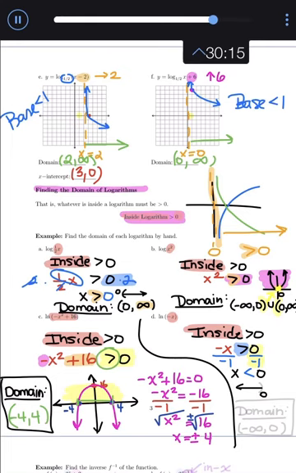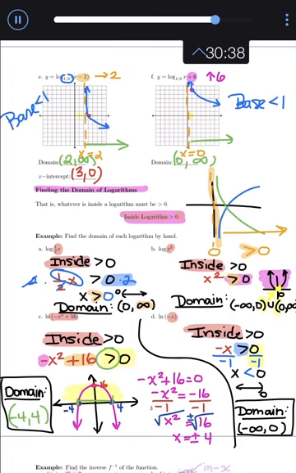It's still less than, not equal to. So we'll use a parentheses, which means our domain, if we were to read this graph, starts with an arrow, so it'll start at negative infinity and go up until 0. We can't include 0, so we'll use a parentheses. That's our domain for this last log.